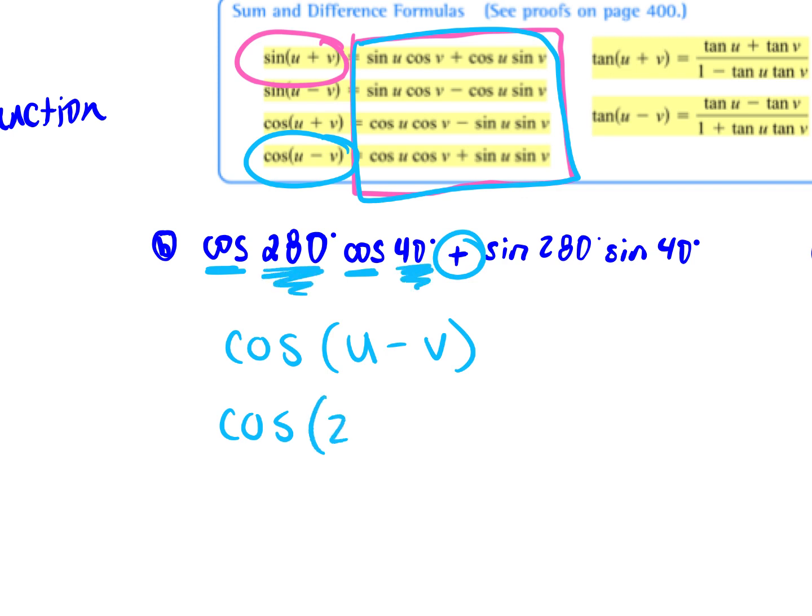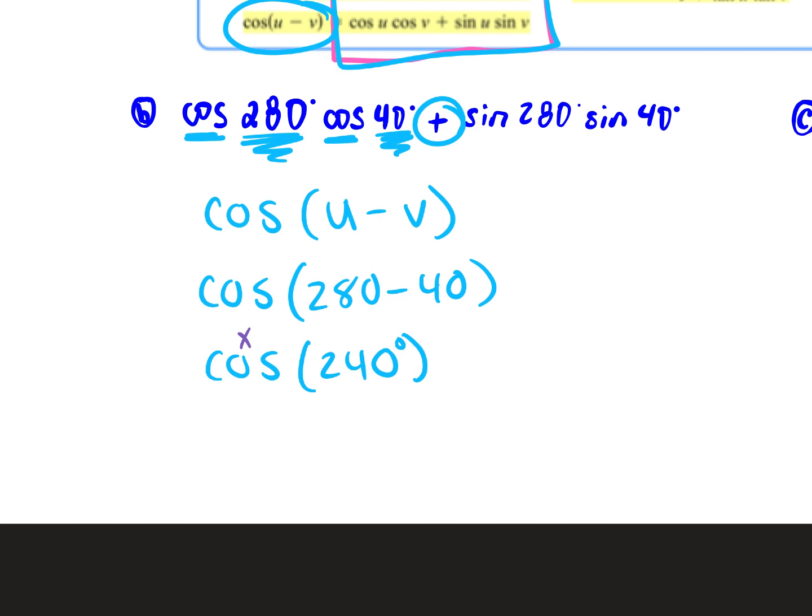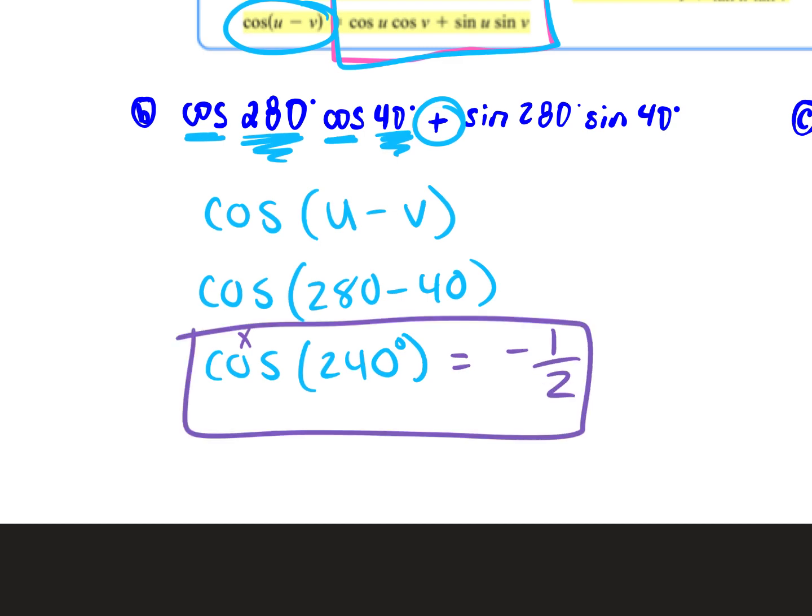So this will be cosine of 280 minus 40. So cosine of 240. Cosine tells me I have to look at what x values. So on my unit circle at 240 degrees, what is my x value? Negative 1/2. So this would be negative 1/2. Any questions here?